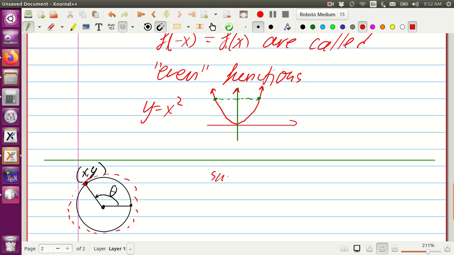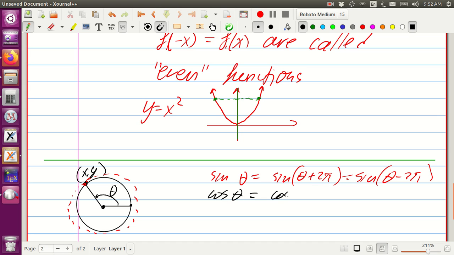So what does it tell us? It tells us that sine of theta is the same as sine of theta plus 2 pi, or sine of theta minus 2 pi. And the same would be true for cosine. Cosine of theta would be the same as cosine of theta plus 2 pi, or cosine of theta minus 2 pi.